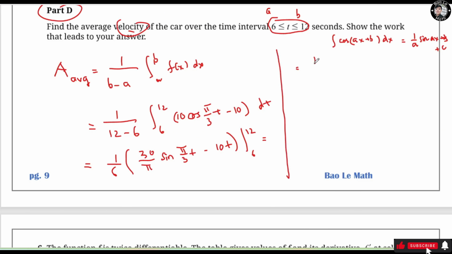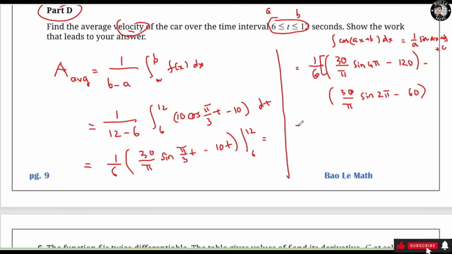So it's going to be 1 over 6. Substitute 12 for t. So we have sine of 4 pi minus 10 times 12, which is 120. Subtract, substitute 6 for t. So it would be 30 over pi sine of 2 pi minus 60.